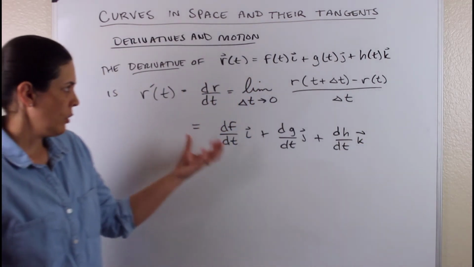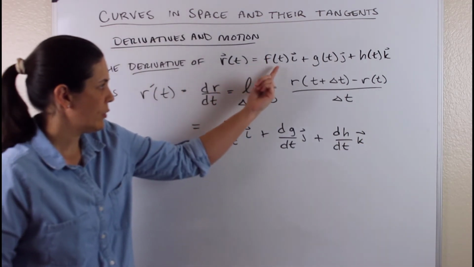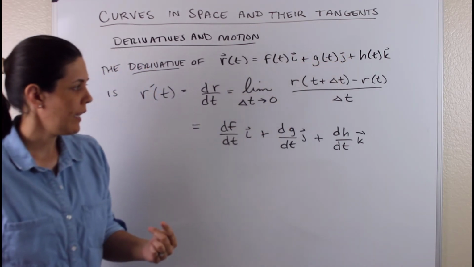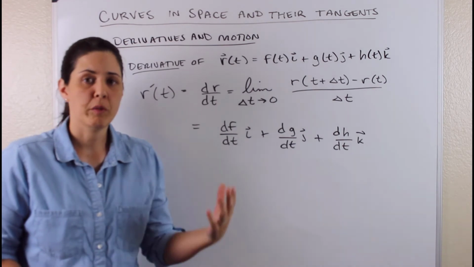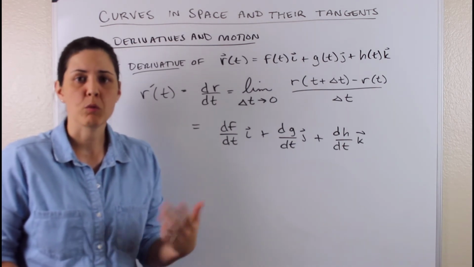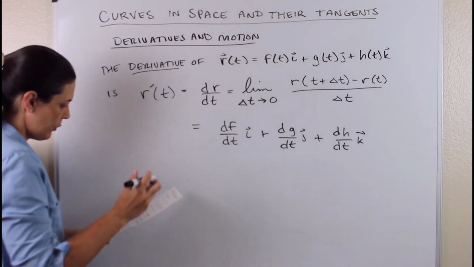You just take the derivatives of these three components, f, g, and h, and you can use your derivative rules from the past, like the power rule and chain rule. And so we'll go through that.